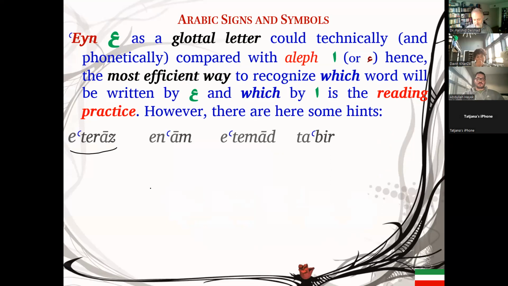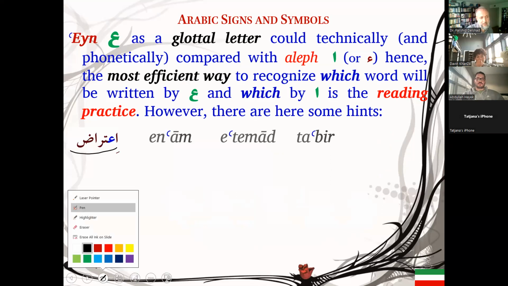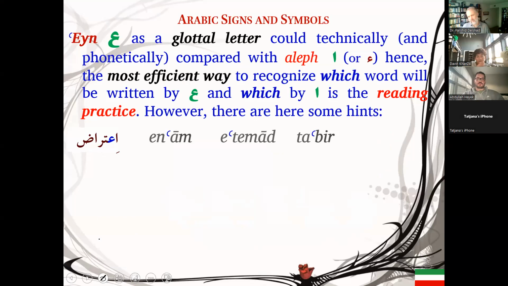E'tiraz. Perfect. E'tiraz, which in Persian literally means protest, protest against something. For example, the nationwide protest of Iranian women and Iranians in general for the last 400 days in Iran.